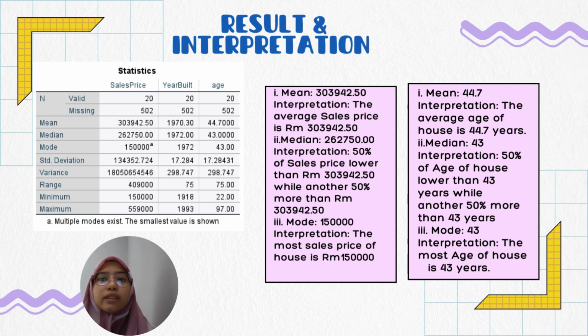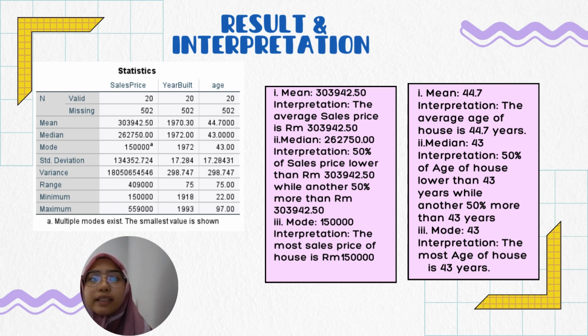So, for sales of price part, the mean is 303,942.50. For the median is 262,750.00 and for the mode is 150,000.